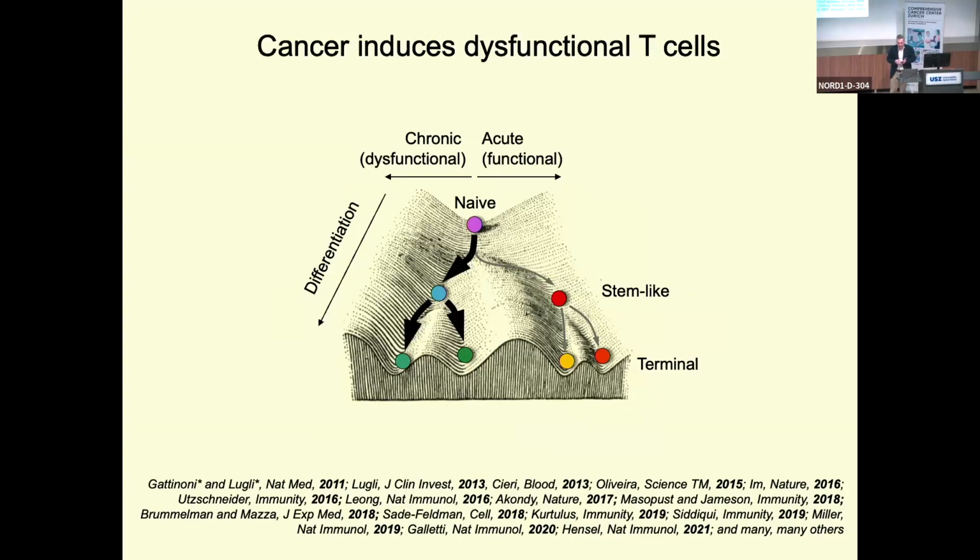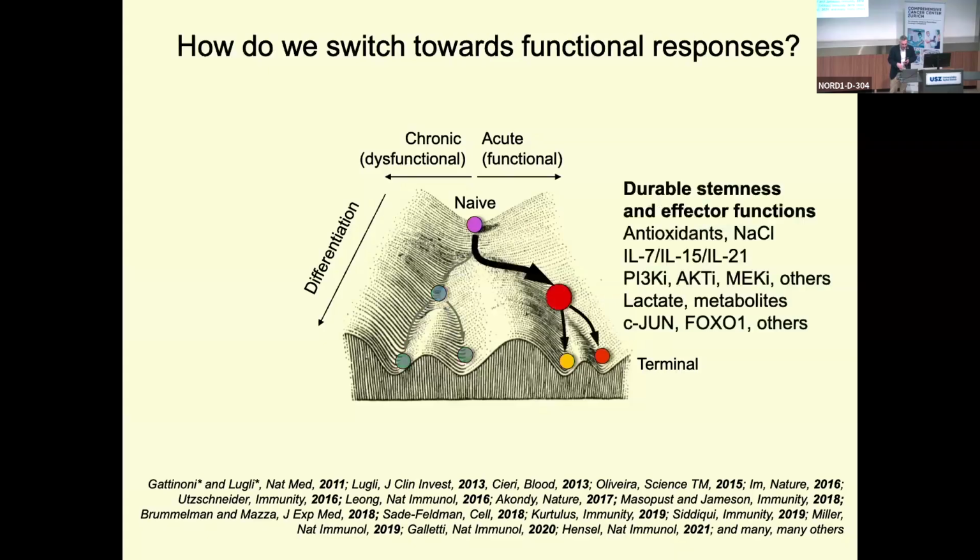But there are now multiple ways to try to overcome this progression. I mentioned a few, but there's also genetic engineering of the cell products to try to have more functional phenotypes, with memory function and effector functions at the same time.